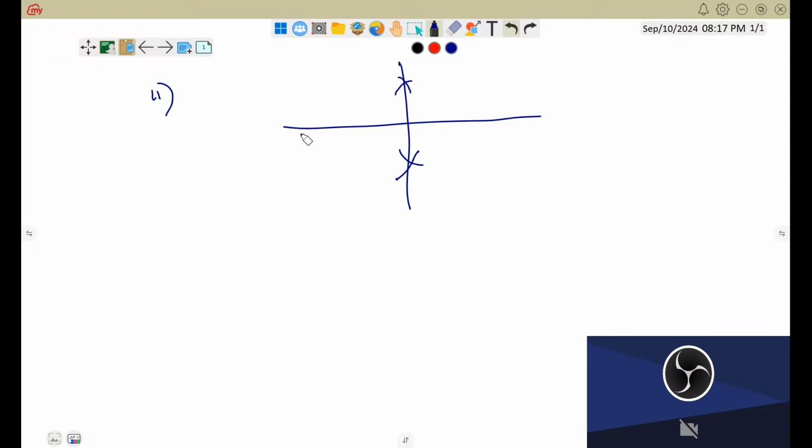Now I am giving this line as AB and this point C, this point D and this point E. See, if you observe this diagram, does it look like the bisector of angle ACD?